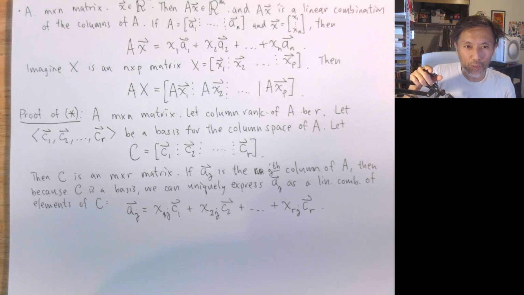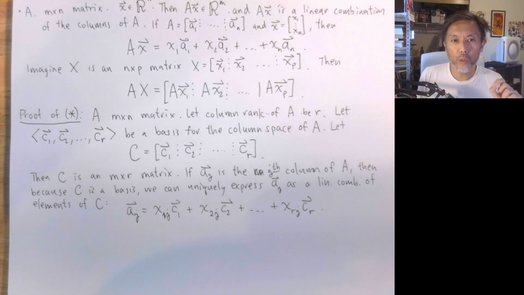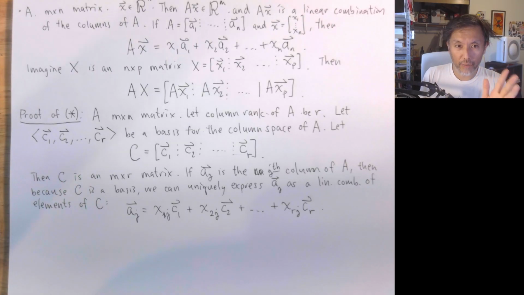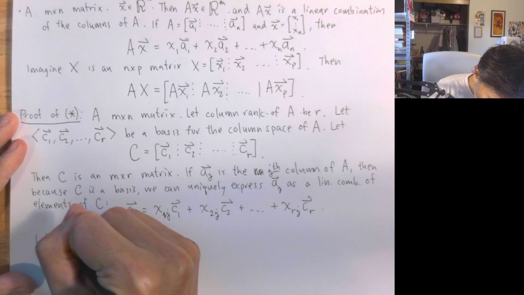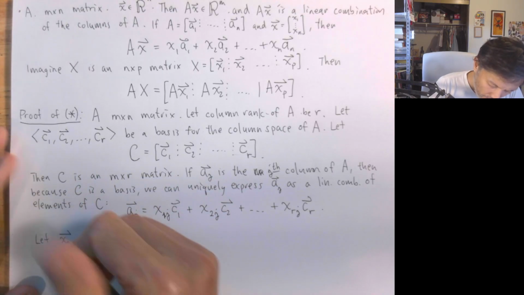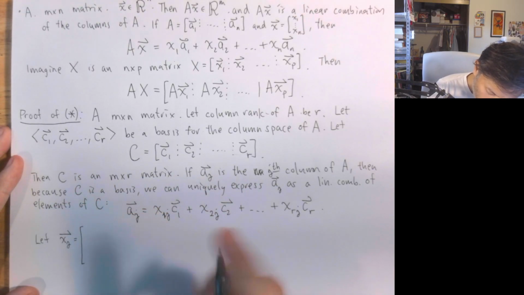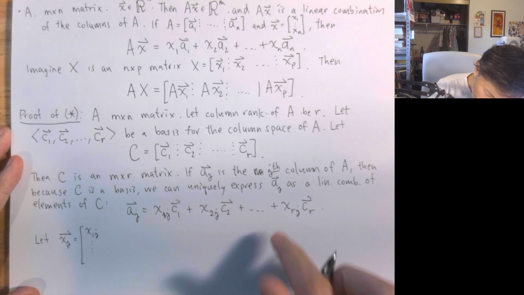But then what we can do is take these coefficients and form them into a column vector. So let xj, same index as this one, be equal to the column vector x1j all the way down to xrj.